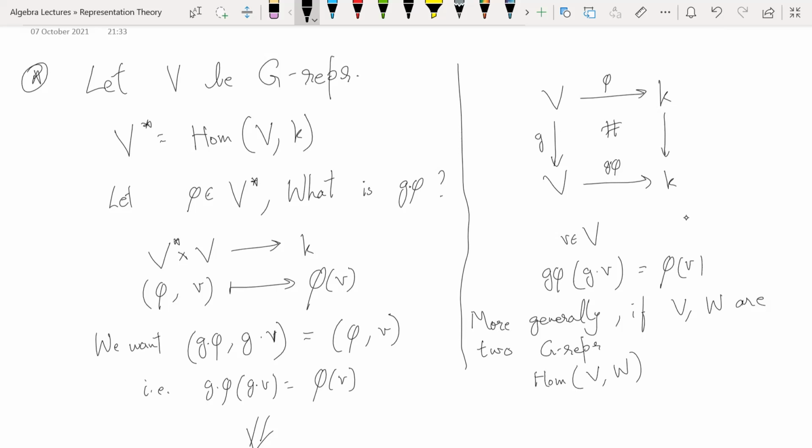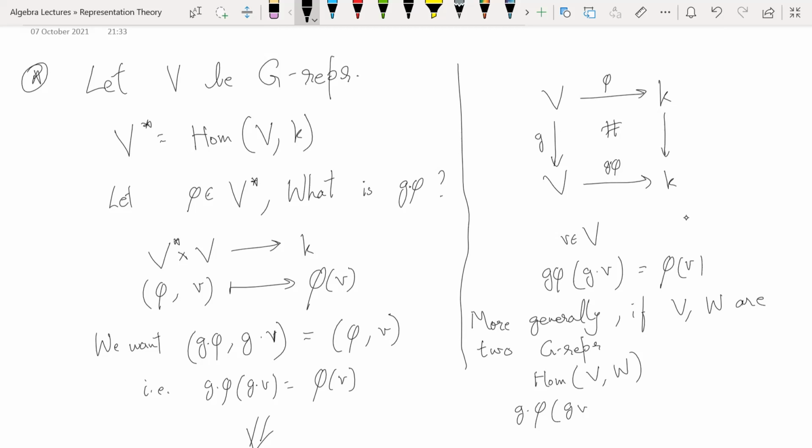So it has a natural G representation, and the action is G dot phi evaluated at V, sorry, evaluated at GV. Let's write it this way. So the relation will be, here instead of K, you put W there. So this diagram should commute.